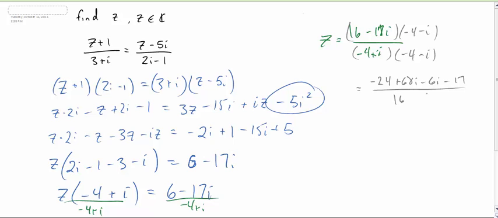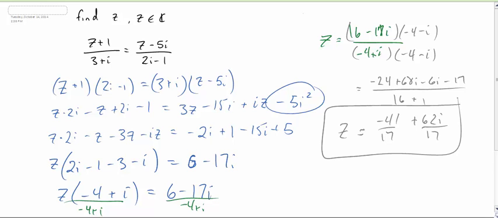Minus i squared is the same thing as minus negative 1, so plus 1. So our mystery complex number z, combining like terms, we get negative 41 plus 62i in the numerator, and they are both over 17. There is my z.